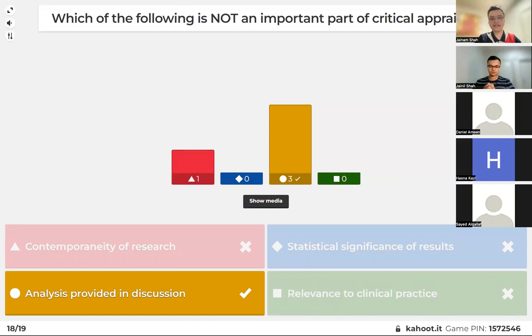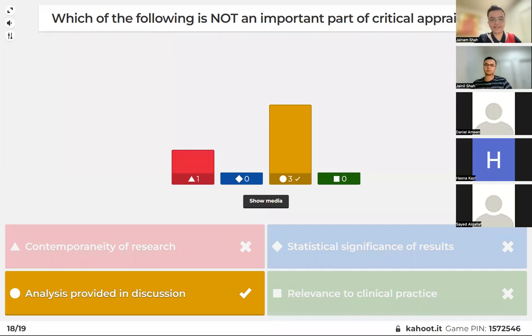So I guess the only real answer to this question is that critical appraisal is something you do, right? You find a paper on Ovid or some sort of database, you look at that paper and you're trying to figure out, regardless of what the authors are saying, whether this paper is actually accurate and worth drawing conclusions from, or whether the researchers have done something wrong and it's not actually reliable as a source.